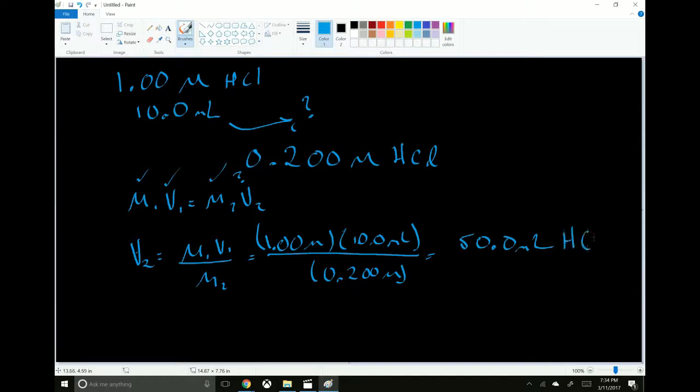So once you're done diluting it, you're going to have 50 mils of a 0.2 molar solution of hydrochloric acid. How much water do you have to add? If you're going from 10 to 50, you need 40 mils of water.